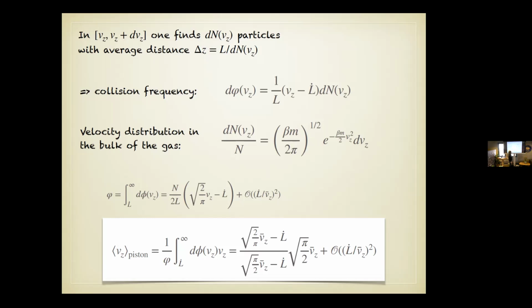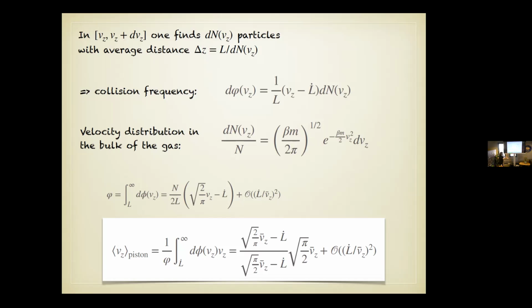That would be the normalization value. That would be the total collision frequency, and this would be the average velocity of particles the piston sees.